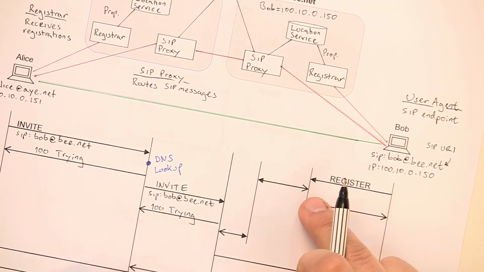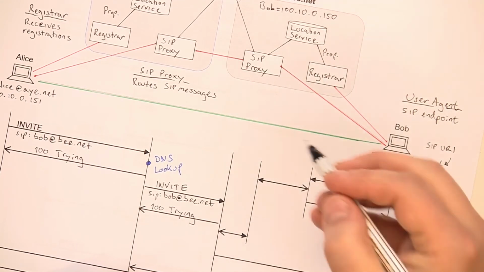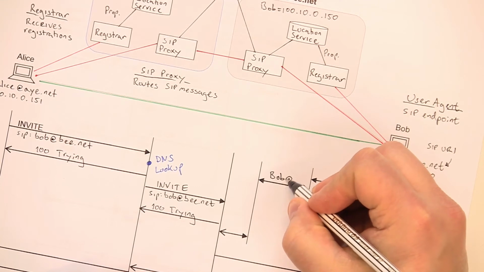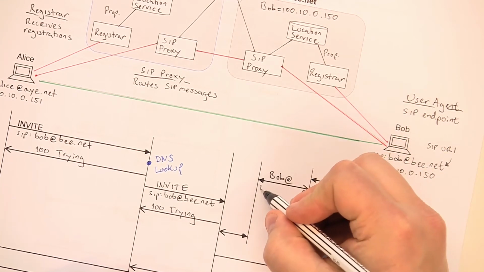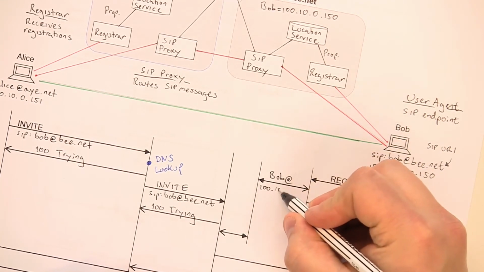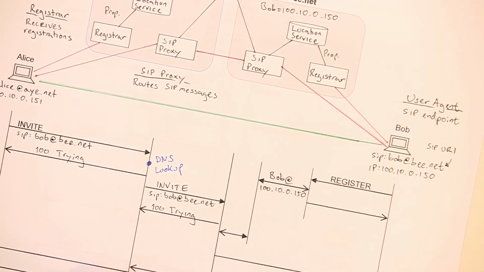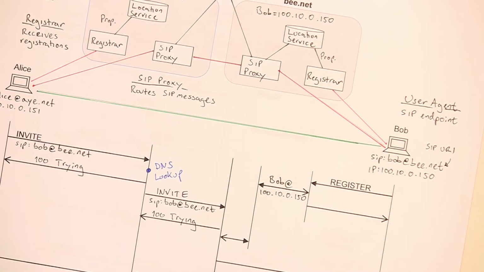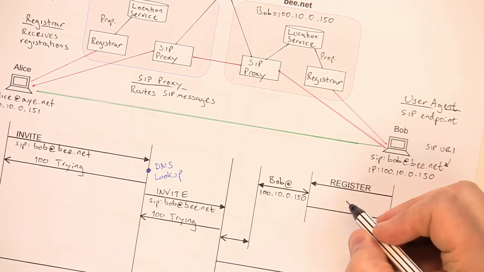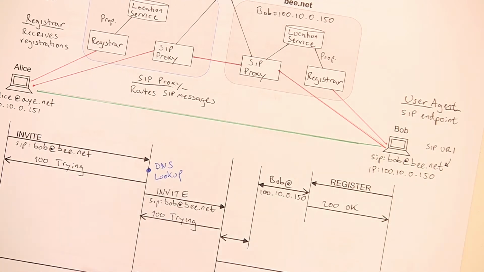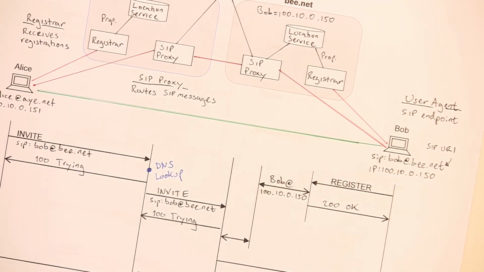The registrar will make a note of this in the location service. So we now know Bob is at 100.10.0.150. And the registrar will say back to Bob's phone, 200 OK. Again, it's only the numbers that matter. This is a 200 response.